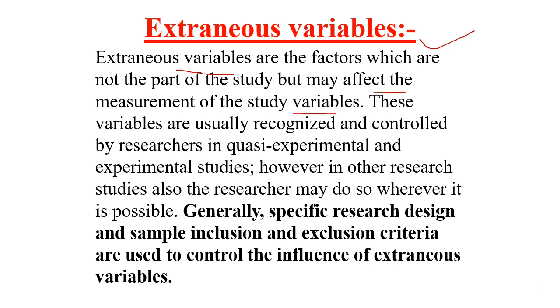For example, you want to check the decrease of blood sugar by using insulin. In that, what extraneous variables can we see? Obviously if we give insulin, the blood sugar will decrease, but at the same time the person may be having a very low sugar diet or doing exercise.